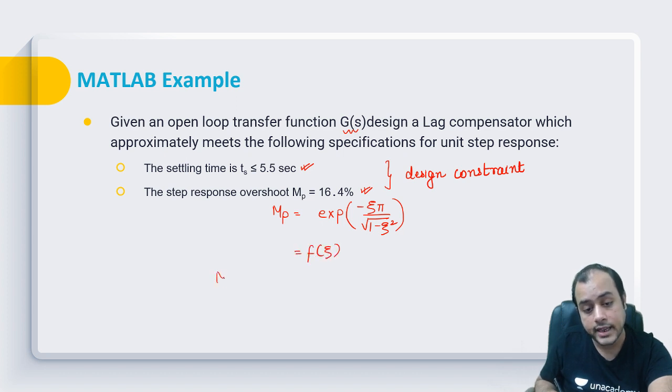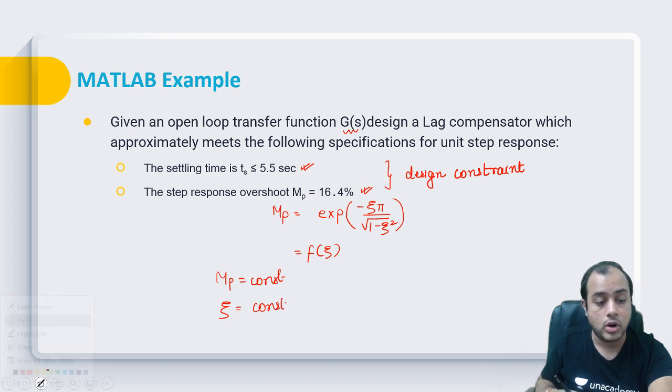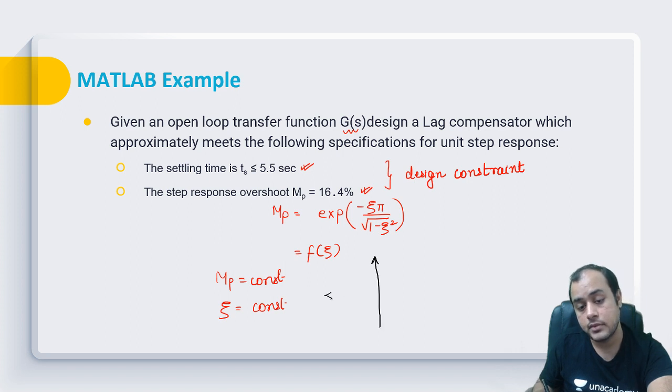So if you take peak overshoot equal to constant, that means zeta is constant. Now when you take zeta as constant, you will get a straight line like this. Why like this? Because this angle is theta and zeta is cos theta.